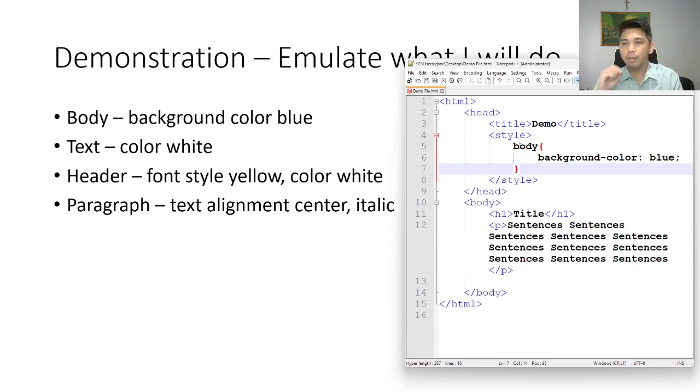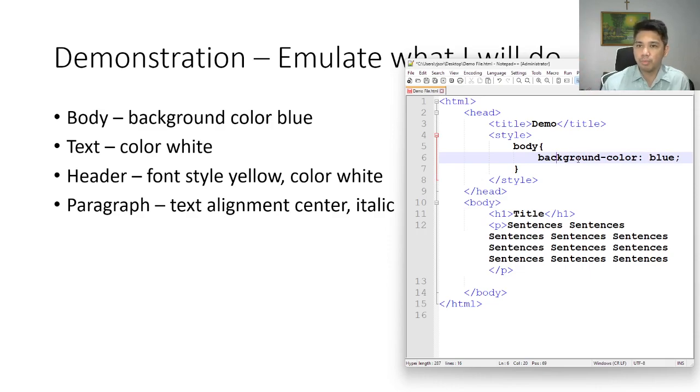Now, let's think about this. Text color. Is it talking about the paragraph? Is it talking about the header? Is it talking about any other tags that can place text? But if it's talking about everything that is text, we must apply it to the body so that all of the text will have the color white.